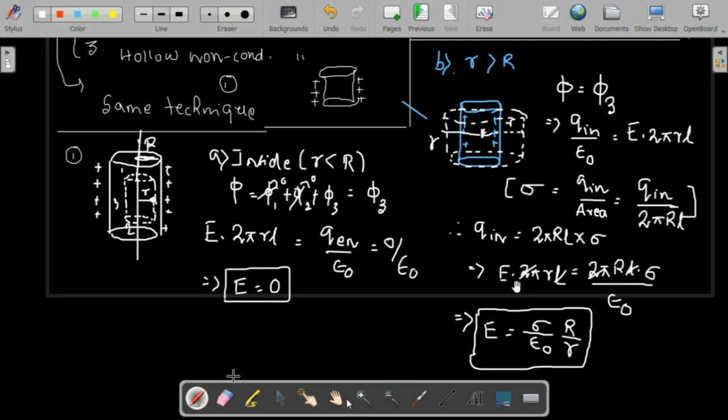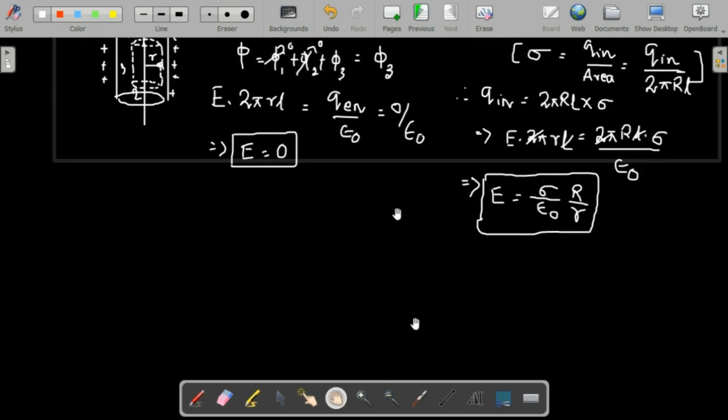For this we can actually draw a graph. Let me just do this quick construction. We can again construct the graph between electric field and distance, and we can see there are two regions here.